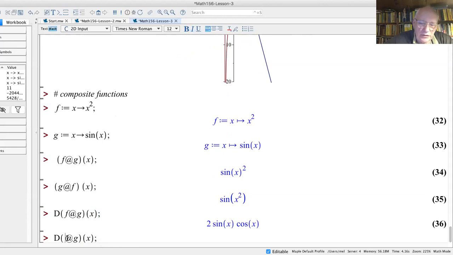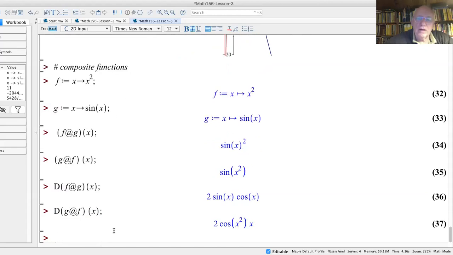If I look at g composed with f, that's a different function. And the derivative of sine of x squared is 2x times the cosine of x squared. And for some reason, Maple writes the x over there, but it's just a funny way to write it, but it still is correct.